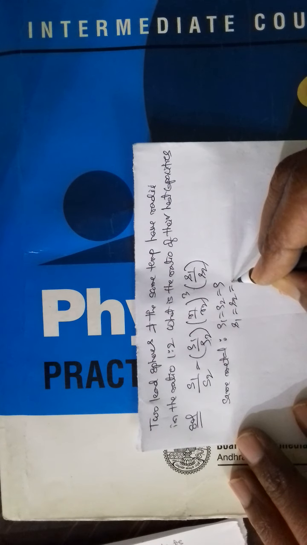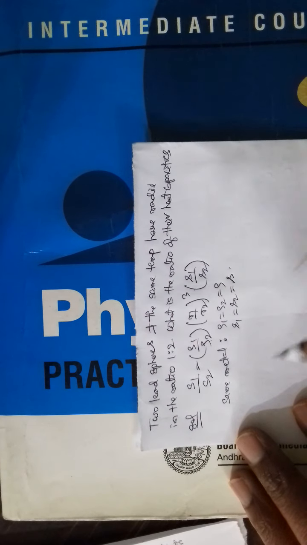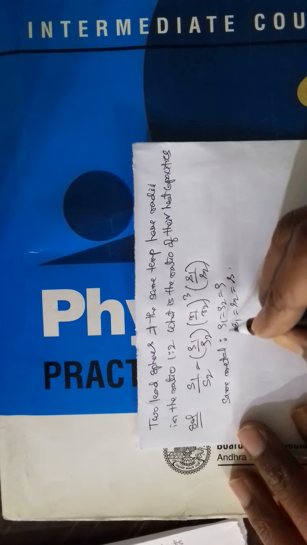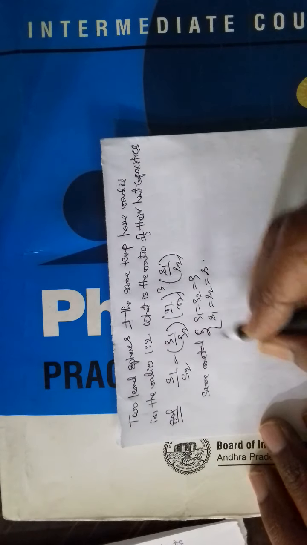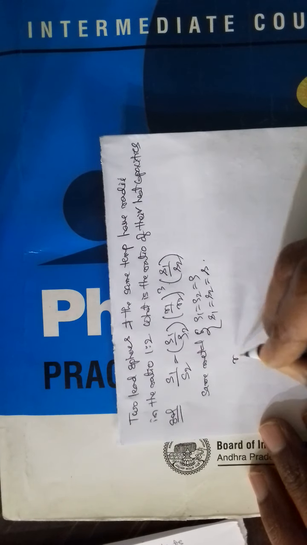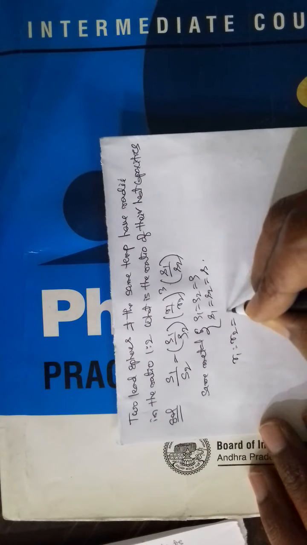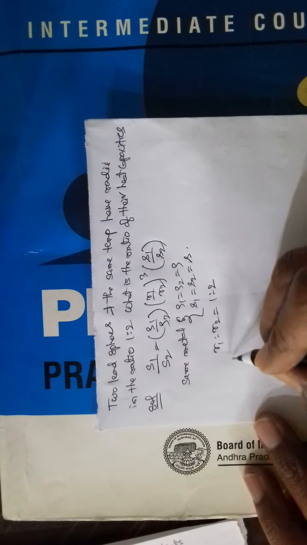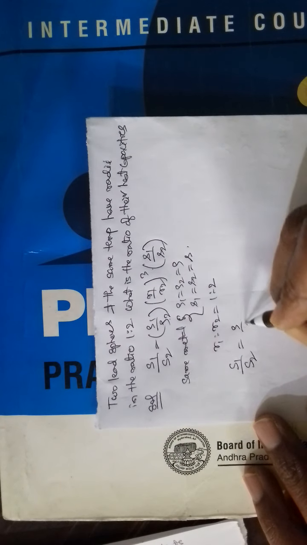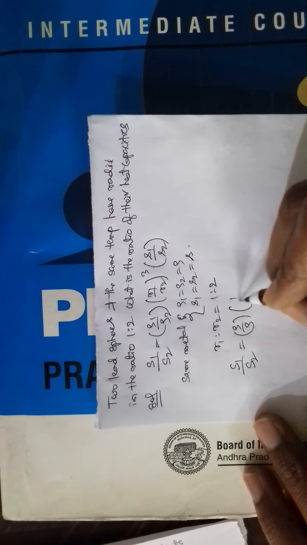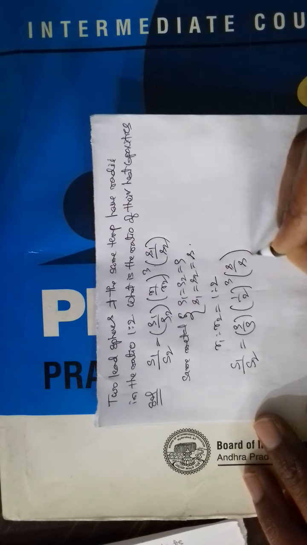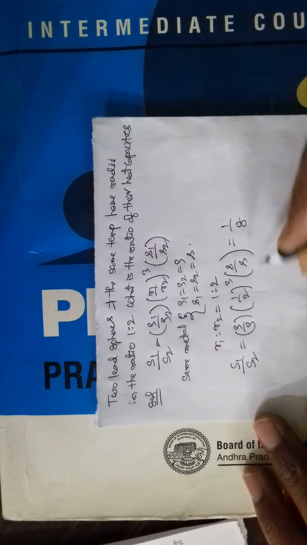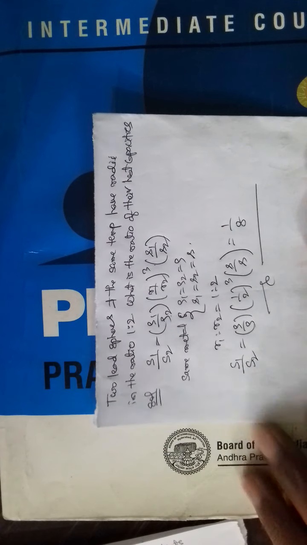Specific heat capacity is also the same because it is the same metal. Now the ratio of radii is given. So density is the same, 1 by 2 cube, specific heat capacity is the same, so 1 by 8.